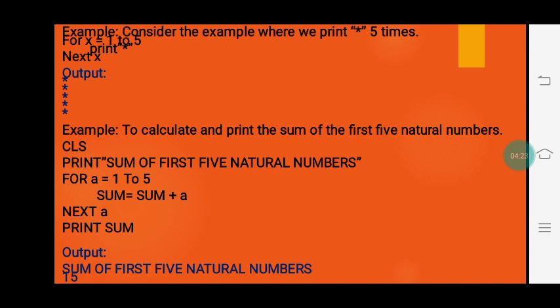Then sum is equal to sum plus a. Next a and then print sum. Here the value of a is equal to 1. So the sum from 1 to 5 gets calculated and we'll get the answer as 15.